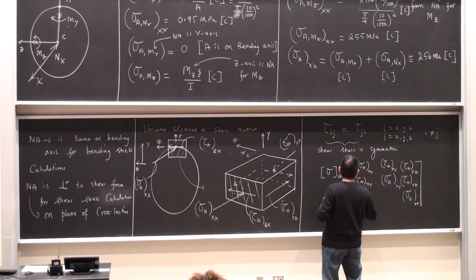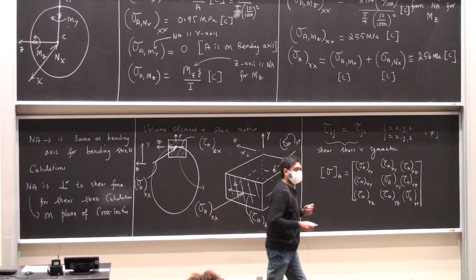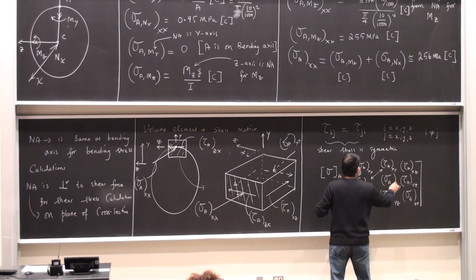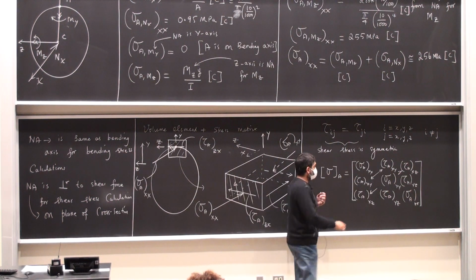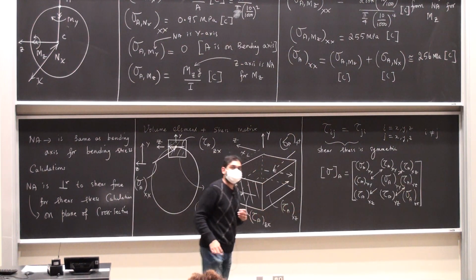This is tau A XZ. Tau A YZ. Okay, they are all symmetric elements. So this is the same as that. This is the same as that, as you can see. And these two are the same. So this is a symmetric matrix.